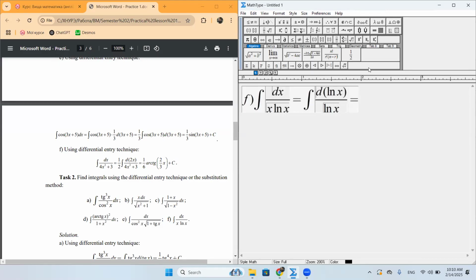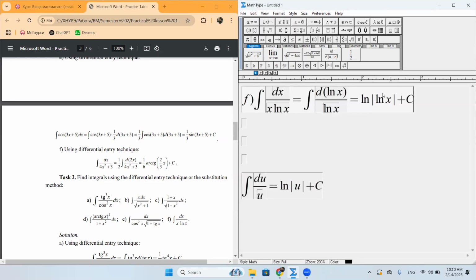And now we integrate. Let me just remind you that such an integral is the following. And here we have logarithm of the module of logarithm plus c.